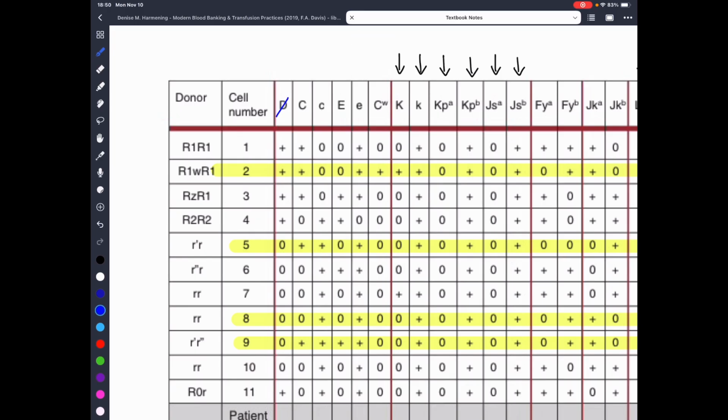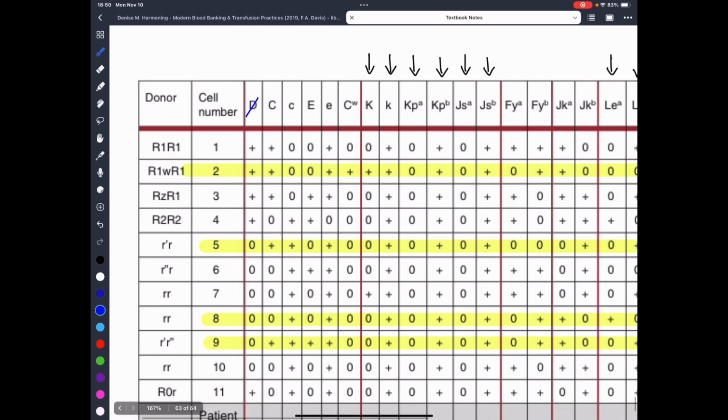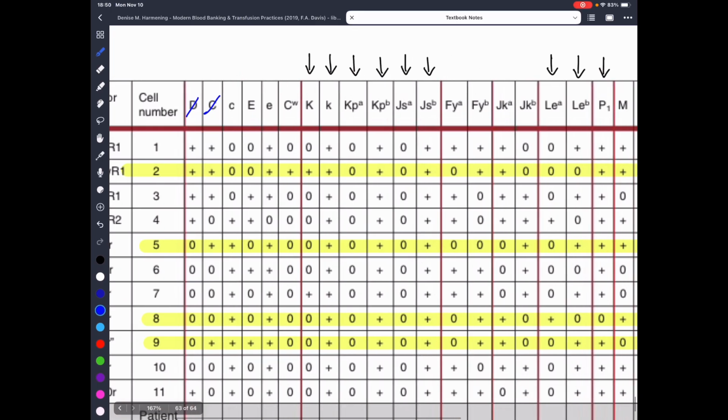All right, so moving on to big C, little c. This is homozygous for big C because we have 1 plus and 0. So like we said, since there's no arrow, this has to be homozygous in order for us to cross it out, which it is, so we can cross it out. And then looking at big E, little e, we have homozygous for little e, so we can cross out little e. And then CW is just like D. There's only one allele for this antigen.